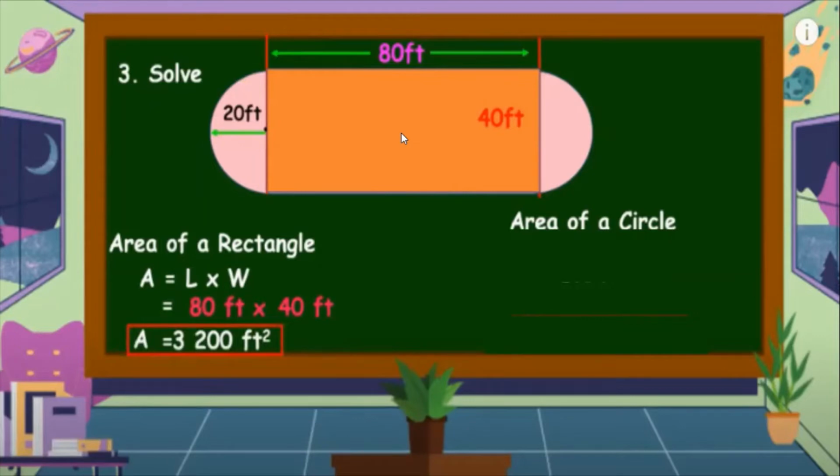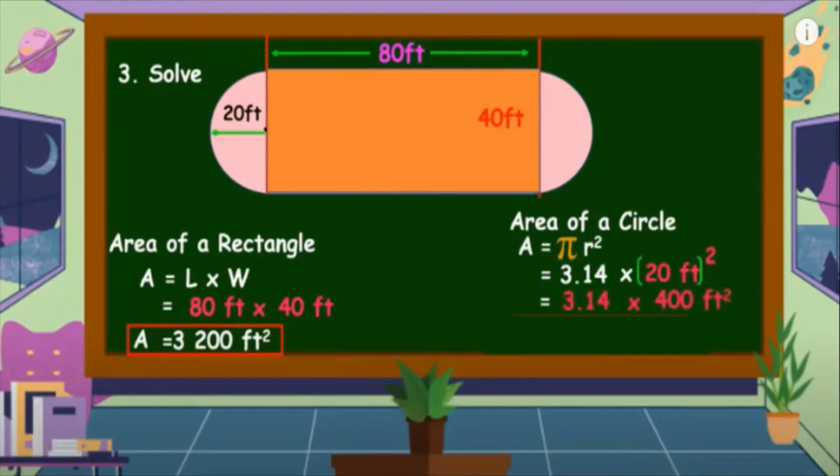Now let's proceed and find the area of our circle. The formula is area of a circle equals pi times r squared, wherein the value of pi is 3.14. Multiply it with our radius, and that radius is 20 feet. So we square the 20: 20 times 20 is 400.